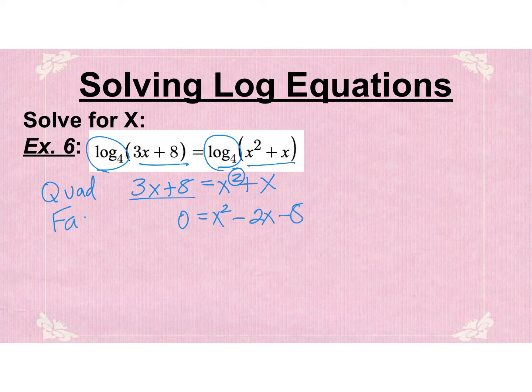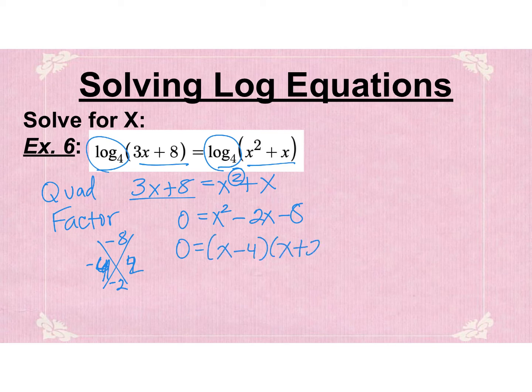And now we're going to factor. So yes, some of these will end up being factorable. So I'm thinking of what multiplies to negative 8 and adds to negative 2. And that's going to be negative 6 and 4. Nope. Negative 4 and 2. So we're going to do x minus 4 and x plus 2.